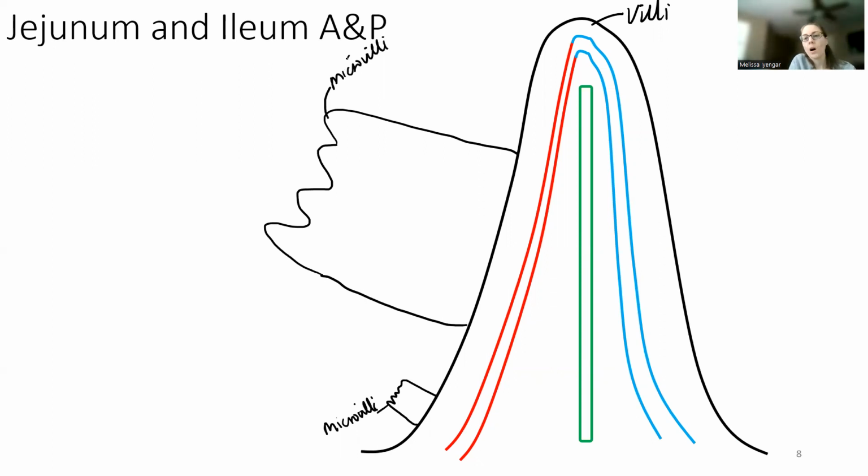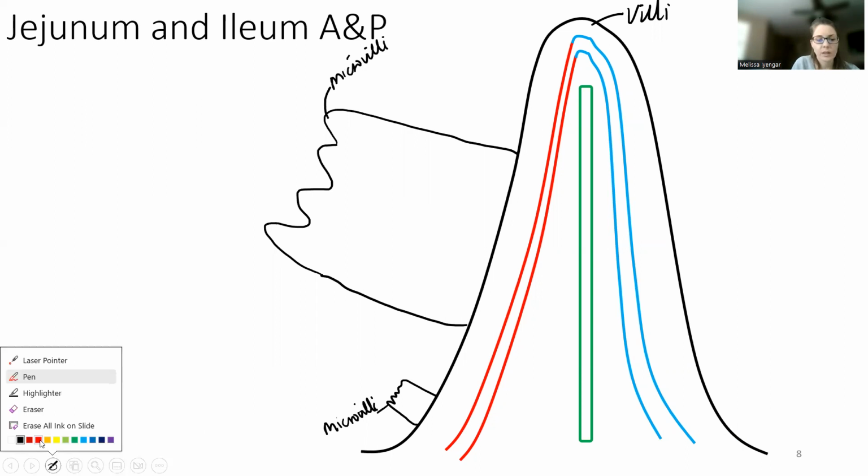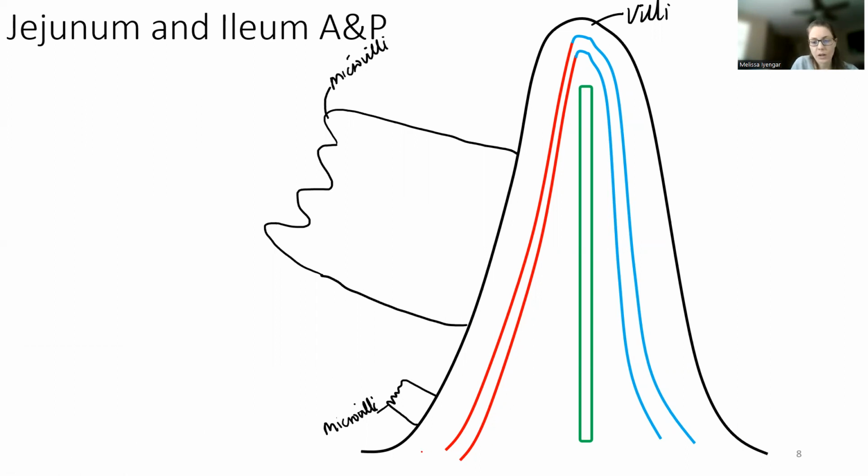Remember, all of this stuff increases surface area for absorption. The chyme is going to get stuck in all these crevices, and as it gets stuck in all these crevices, it's going to have more opportunity for these small molecules to actually be absorbed through the cell layer into the various parts of the body. So what we're going to see is we are going to have an artery here, and this artery is the superior mesenteric artery.